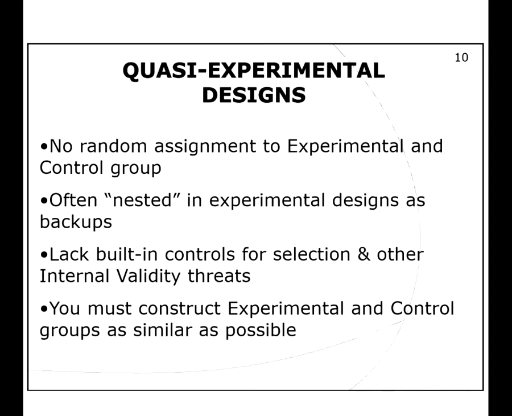And so a lot of this is random assignment or quasi-experimental, where there is no random assignment. It's often nested within the experimental designs as kind of a backup. So you just compare those people that had the intervention to those that didn't, even though you're not really randomizing it.